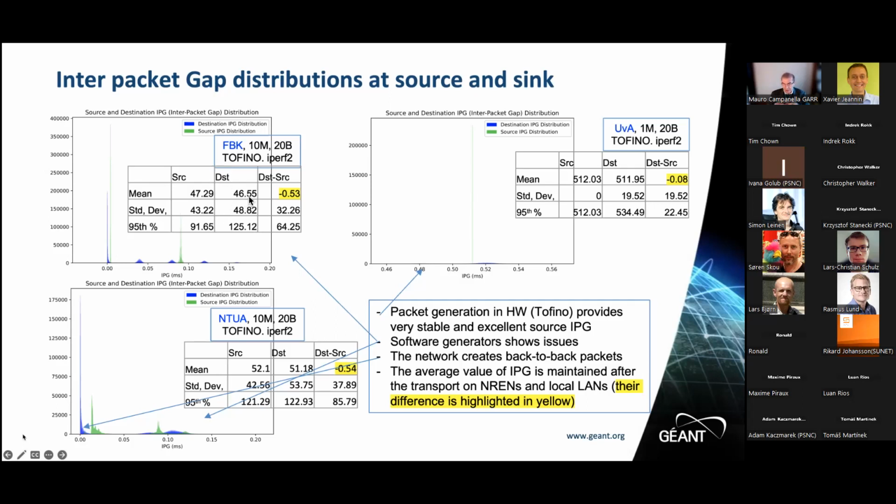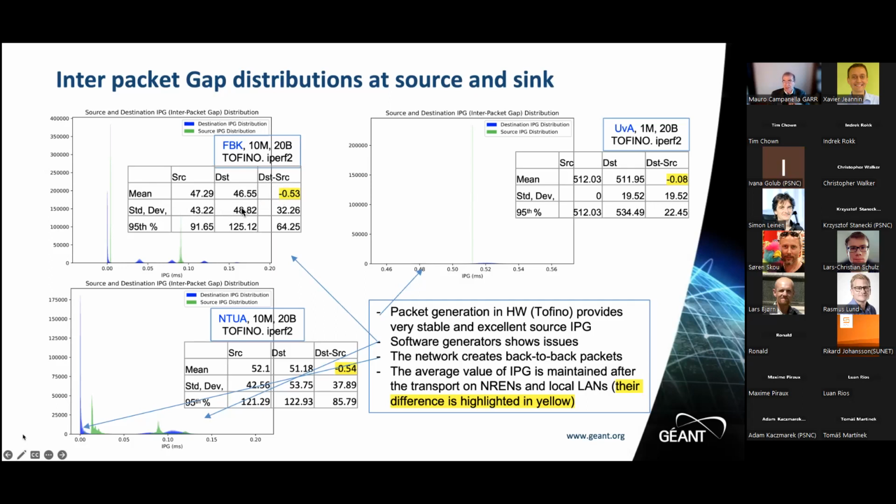So as a flow, if you consider not a single packet but the whole quantity of packets, the whole flow has a very, very similar interpacket gap at the source and at destination. And the difference between the mean values at the source and the destination of interpacket gap is almost 0. Slightly less than 0, I will discuss that later.